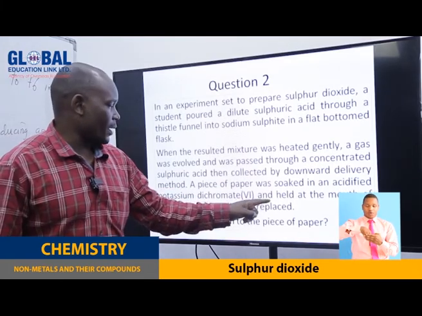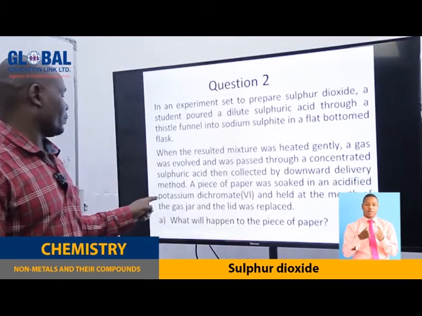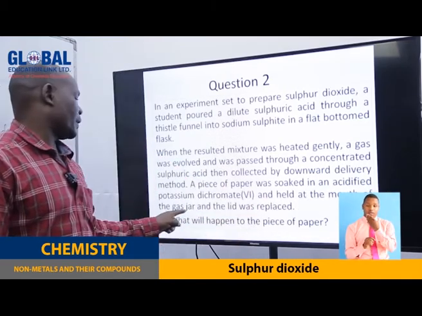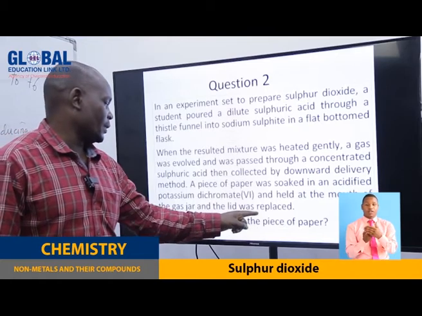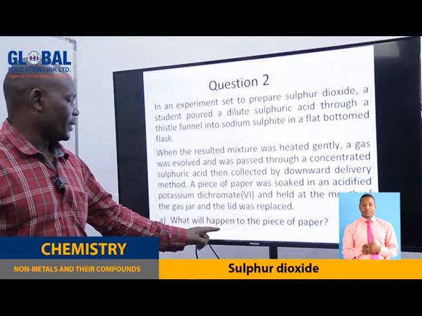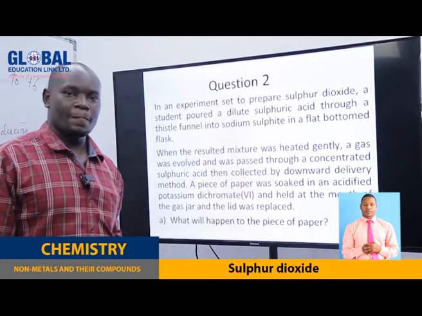A piece of paper was soaked in an acidified potassium dichromate and held at the mouth of the gas jar, and the lid was replaced. The question is, what will happen to the piece of paper?